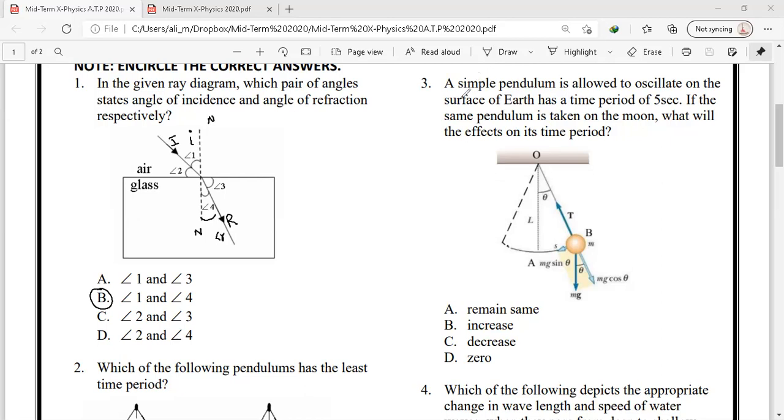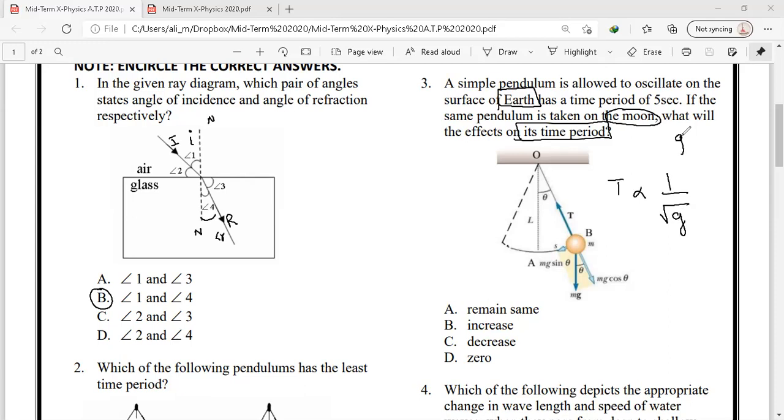In question number 3, a simple pendulum is allowed to oscillate on the surface of Earth with a time period of 5 seconds. If the same pendulum is taken to the moon, what will be the effect on its time period? We know that time period is inversely proportional to the square root of g.